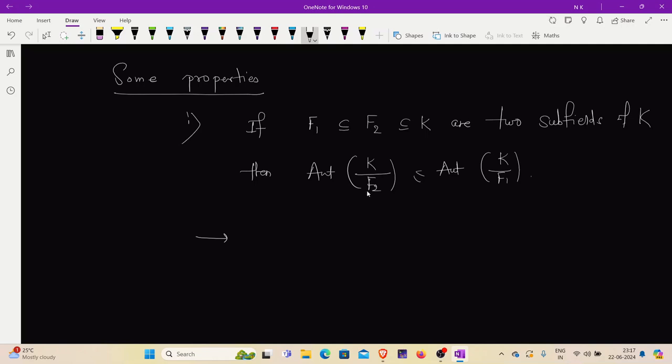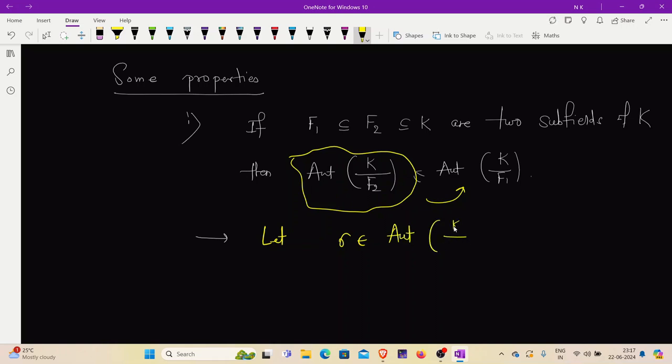So let me first of all show that the set of all automorphisms of K over F2 is a subset of the set of all automorphisms of K over F1. So let me assume some element sigma from the set of all automorphisms of K over F2.